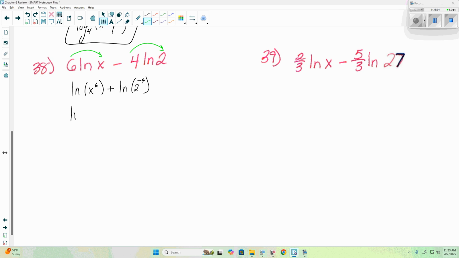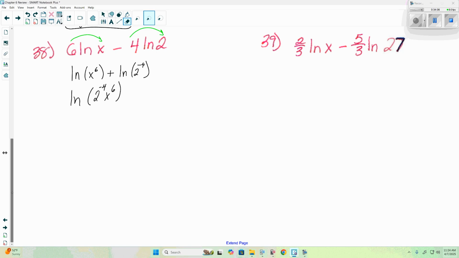Since I have two logs being added together, we can rewrite it as a single log with what's inside being multiplied. So ln of 2 to the negative 4th, x to the 6, if you wrote it as x to the 6 times 2 to the negative 4th, they are the same thing. Because you can multiply any two things in any order, and it is the same. Multiplication works nicely that way.